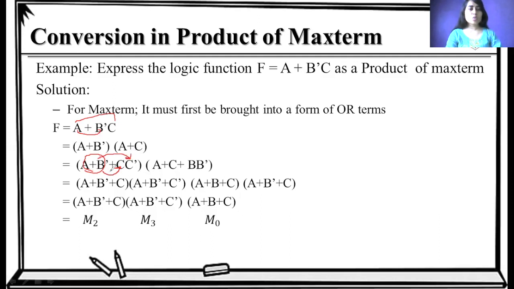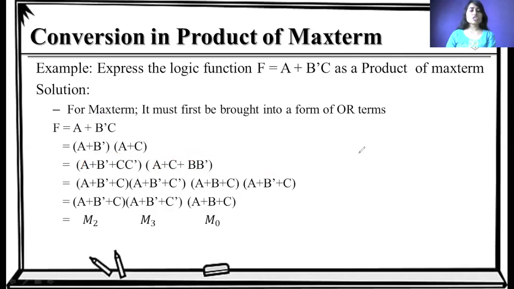So this is how we have two terms from this bracket and two terms from this bracket. Here A + C one time with B and A + C one time with B'. So this is how the distributive law works, and using it we can write this expression in terms of product of max terms.